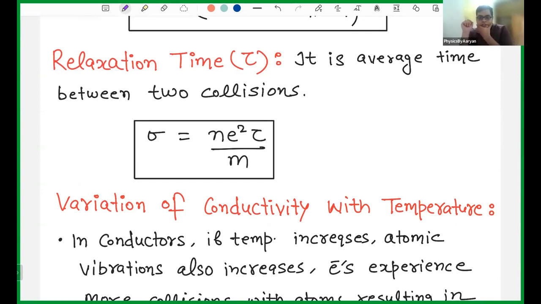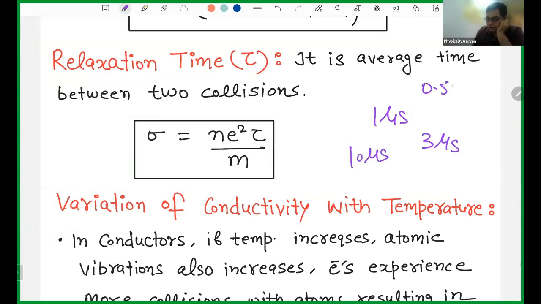Relaxation time basically decides that your electrons are colliding here and there. If your electrons are colliding here and there, then between two collisions there will be some average time. Let's say first collision happened, and then after 1 microsecond, second collision. And then after 3 microseconds again one collision happened, after 10 microseconds again, and then after 0.1 microsecond again.